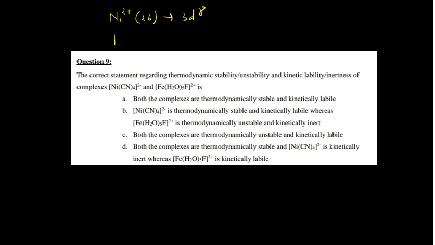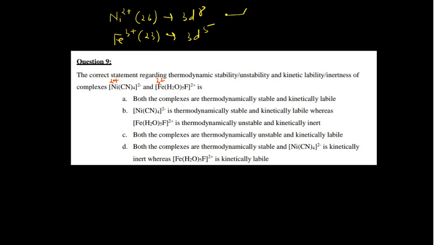Next is your iron in 3 positive. So iron is in +3, it has 23 electrons, the 3d5 system. And cyanide is a strong ligand, right? Cyanide is the strong ligand.